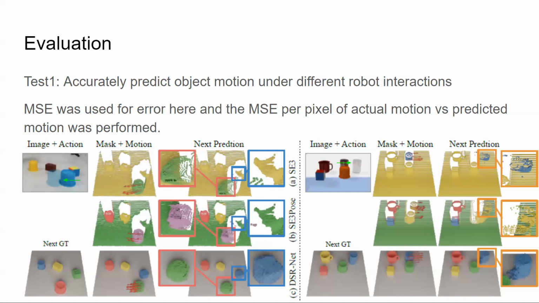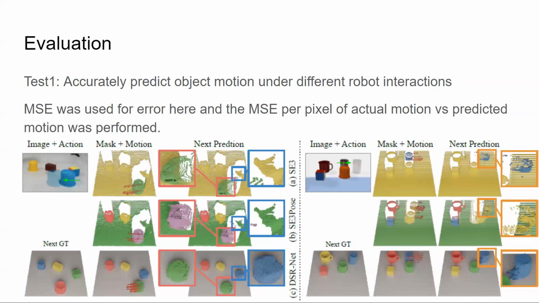And we are seeing the way the motion happens, if one object is being moved when a particular interaction is being carried out, just a few pixels in the scenes are moving. I'm sorry, they have compared that with SE3 pose and DSRNet in some way. I'm forgetting the text material, how they have done that. So I'm trying to come up with something on the go here.